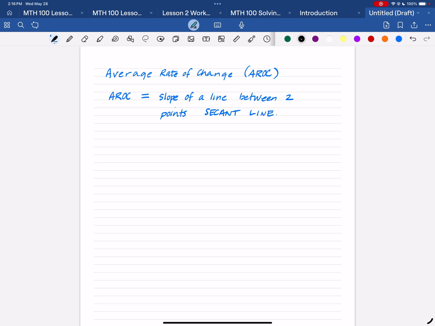So for example, let's say I have a curve and there are 2 points on this curve, and I want to know the slope of the line between those 2 points.